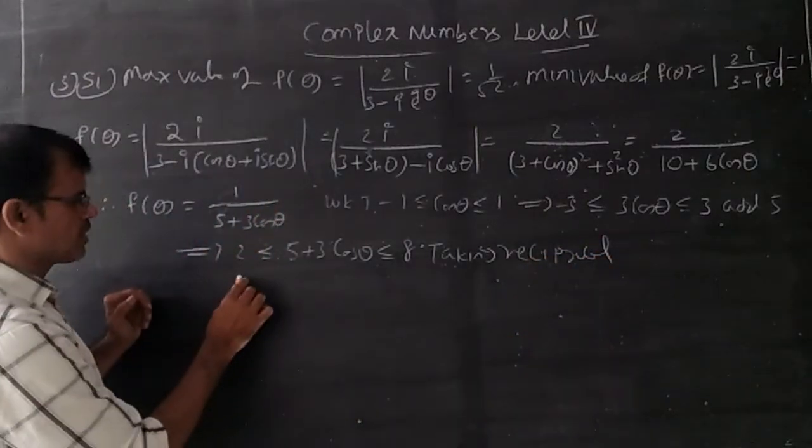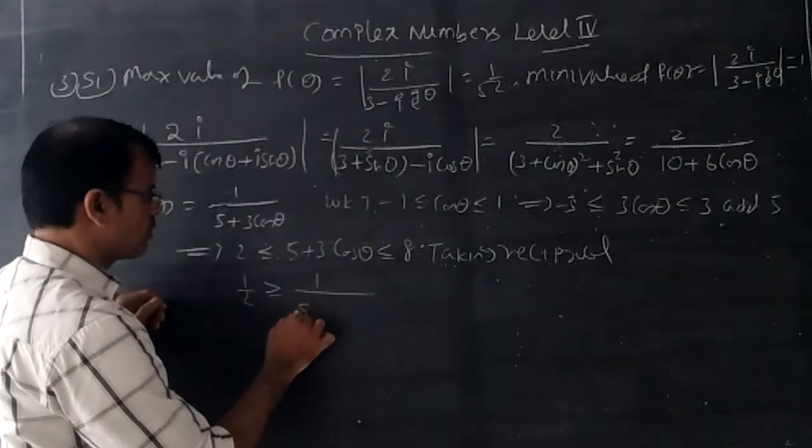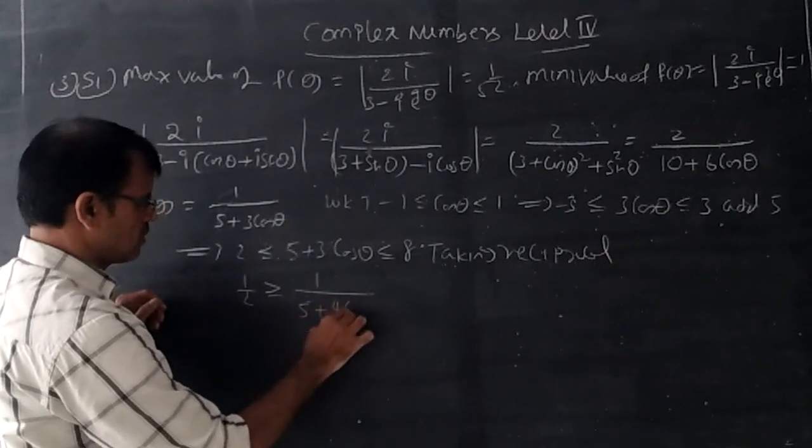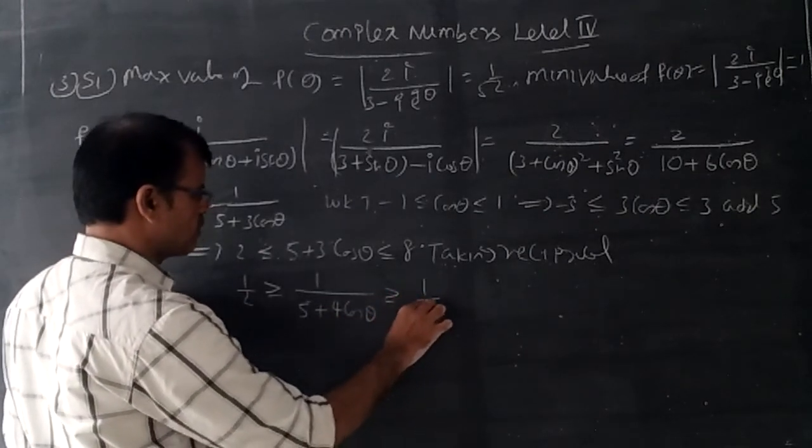Taking the reciprocal, 1 by 2 is greater than or equal to 1 by (5 plus 3 cos theta), which is greater than or equal to 1 by 8.